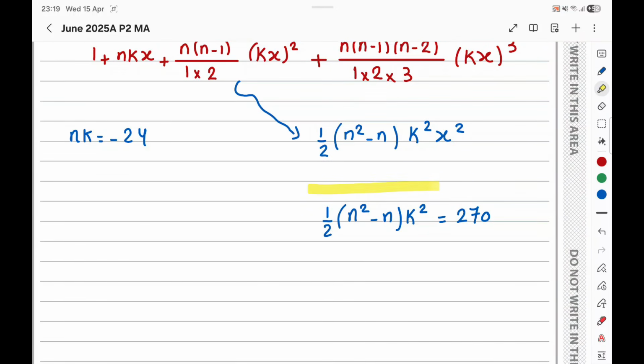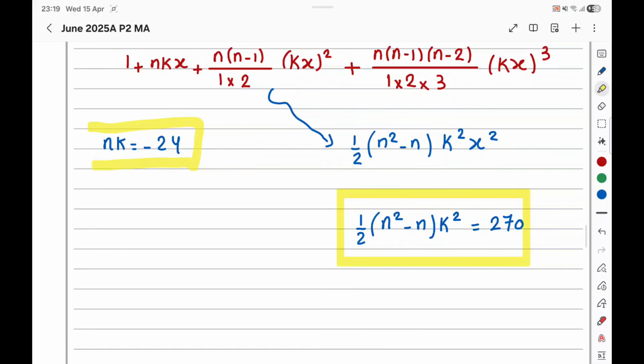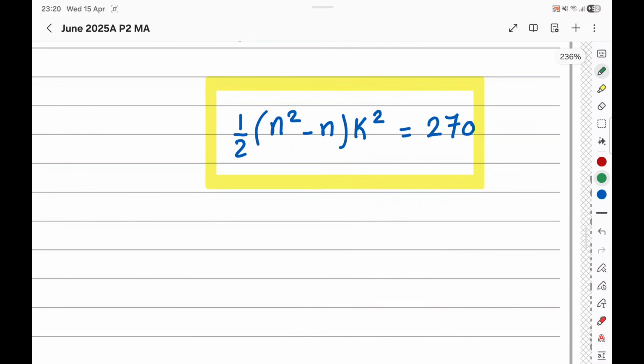Let's solve these two simultaneous equations by substitution. I will make k the subject from the first one. It would be k equals negative 24 over n, and substitute in this equation. Let's move the half to the other side by multiplying by 2.